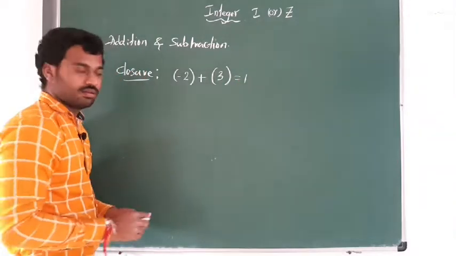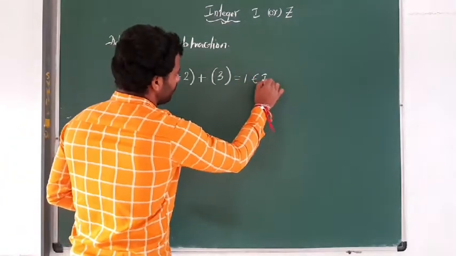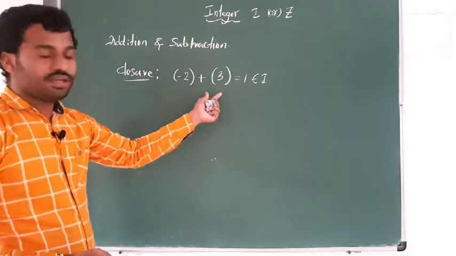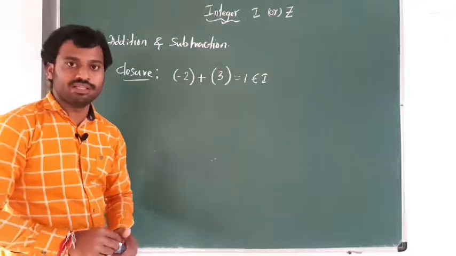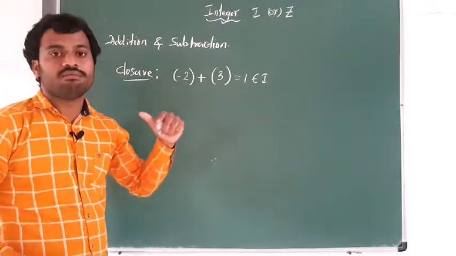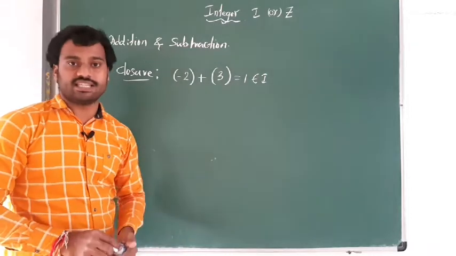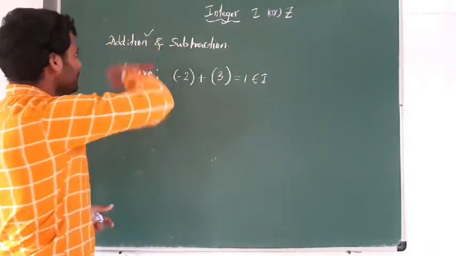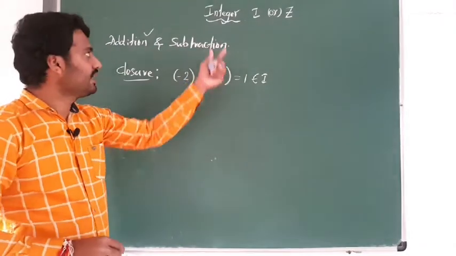Plus 1. Yes, it belongs to the integers. Not only this, you can take any type of example. Correct or not? So, the closure property under addition is satisfied for the integer set.